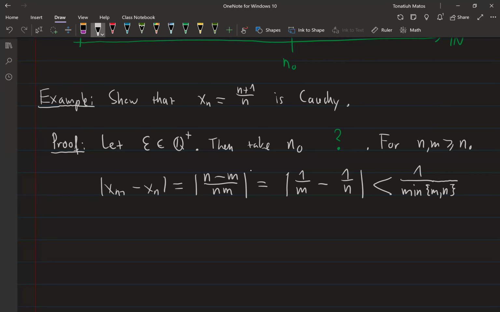So that is true. Since this happens regardless of who n and m are, all I have to do is bound this number by epsilon, and then I'm done. Now the question is, of course, how do I do that?